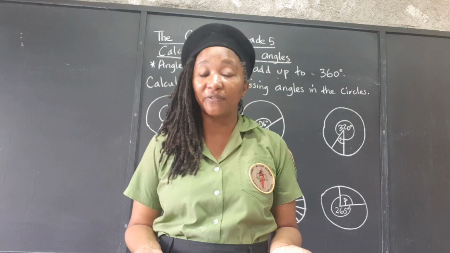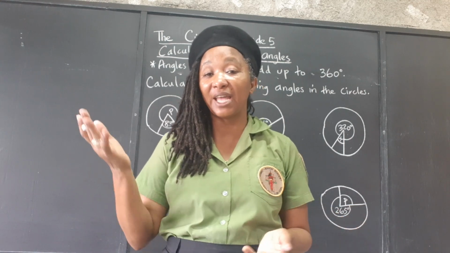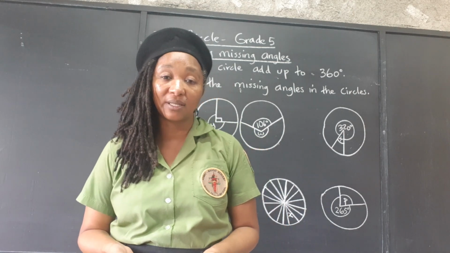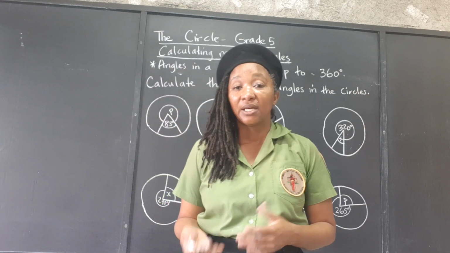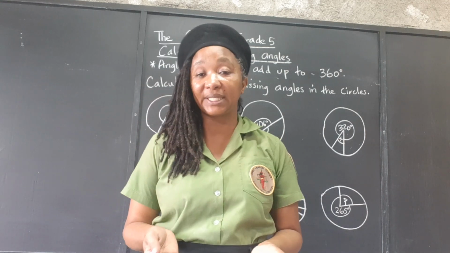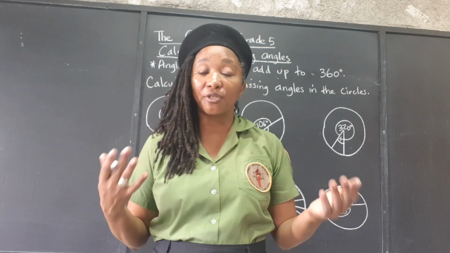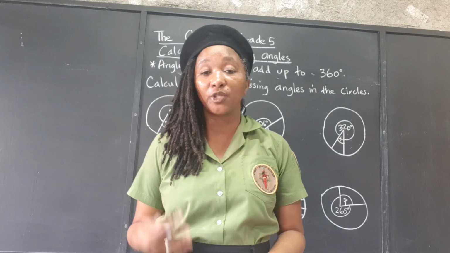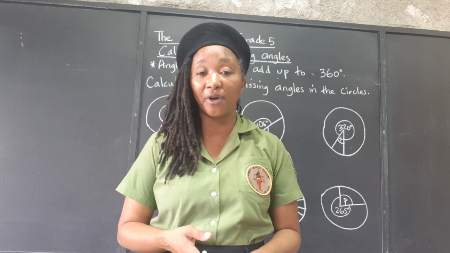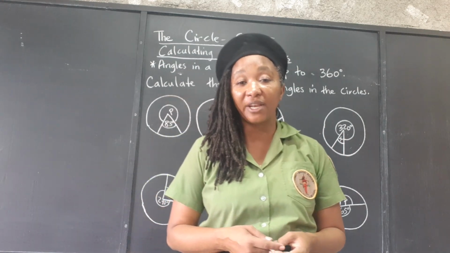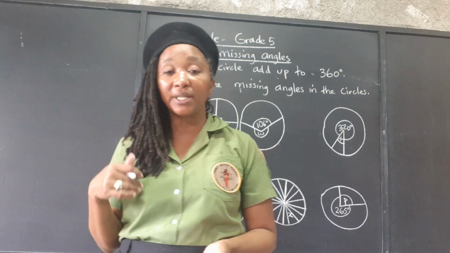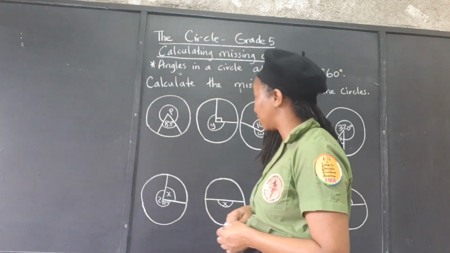Remember, you can divide the circle into any number of angles. If it's divided into 3 angles and you're told 2 of them, add the 2 that you know and take it from the 360 and you will find the third. Using that principle, that's how we're going to find the missing angles for all of these circles.